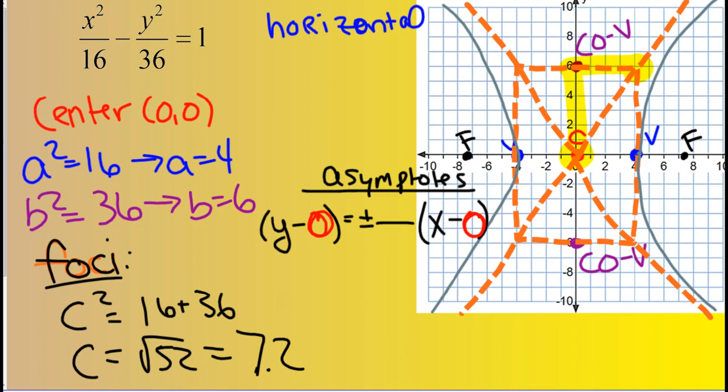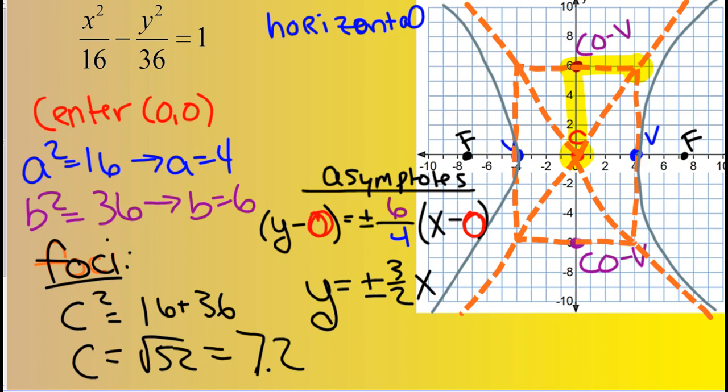Again, just to remind you that it is actually the B and the A, but it's easier rather than trying to remember which one goes on top. Just count it. 6 over 4. Make it pretty. So y minus 0 is just y equals plus or minus 6 over 4, which reduces to 3 over 2, times x. So you have everything labeled.